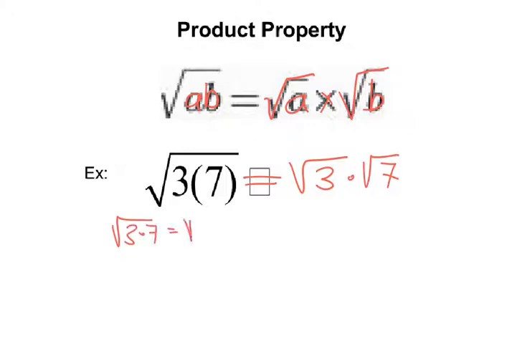When numbers are inside the radical, we can combine them to be the square root of 21. But what we need to look for today are factors of numbers. So factors of 21 are 1 and 21, 3 and 7. So we want to separate those numbers into their factors, and then we're going to look for numbers that are perfect squares. Neither 3 nor 7 are a perfect square, so actually the square root of 21 is in the most simplified form.